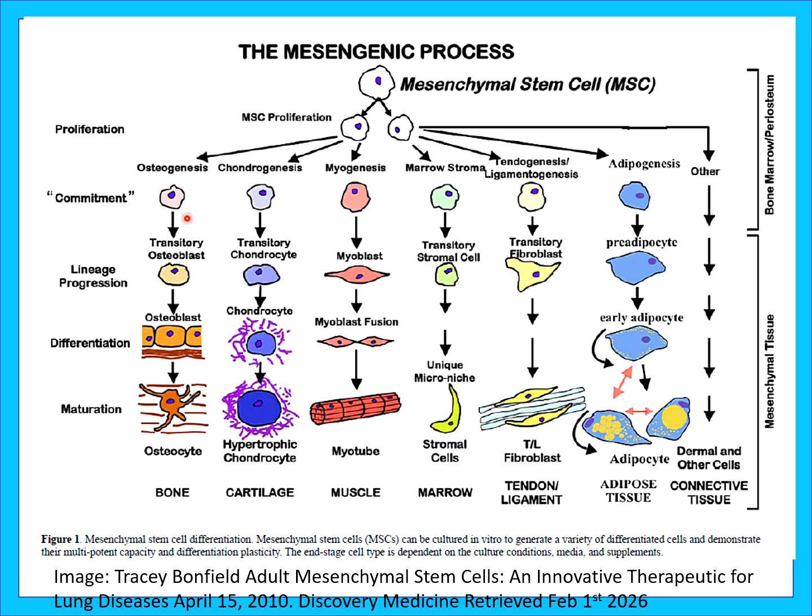Cartilage is going to come from the same mesenchyme stem cell line as the osteogenesis cells. However, these guys have committed to becoming cartilage. So chondro means cartilage. Myogenesis is when these mesenchyme stem cell lines commit to becoming muscle cells.